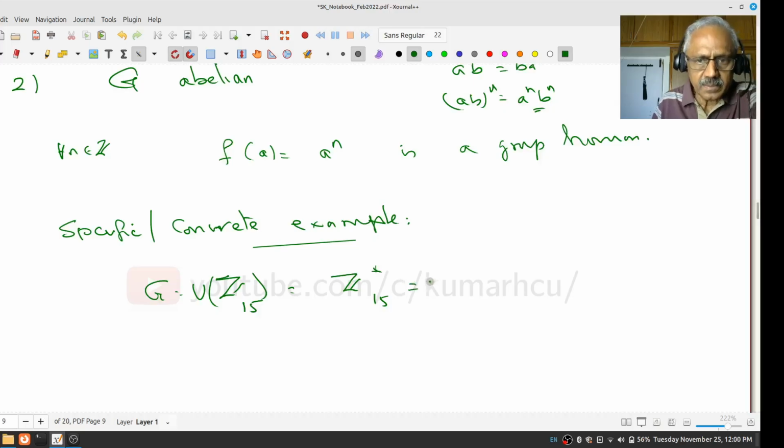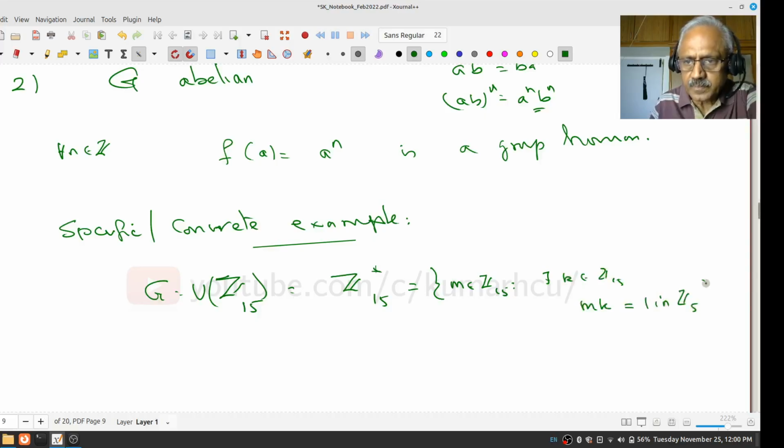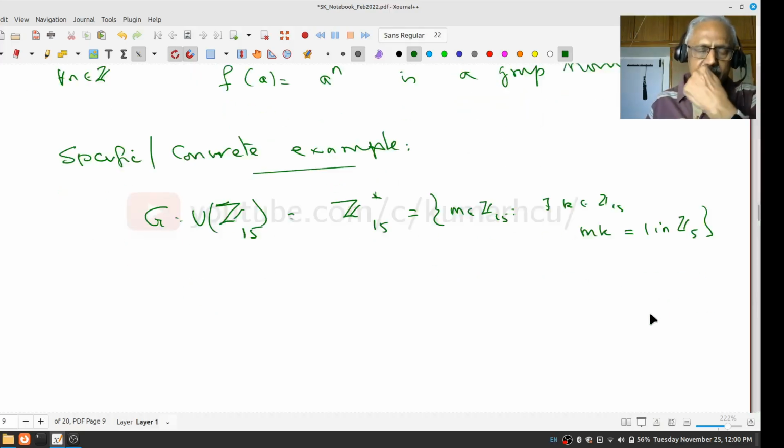This is the set of elements m in Z15 such that there exists a k in Z15 so that m times k equals 1 in Z15, that is, the multiplicative inverse. We know what they are. This happens if and only if m is relatively prime to 15.